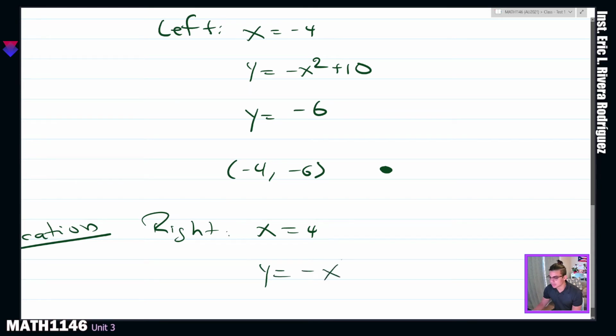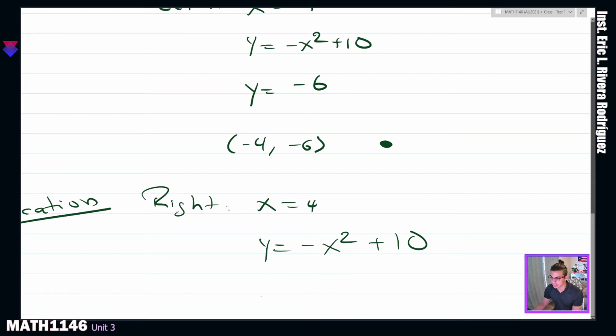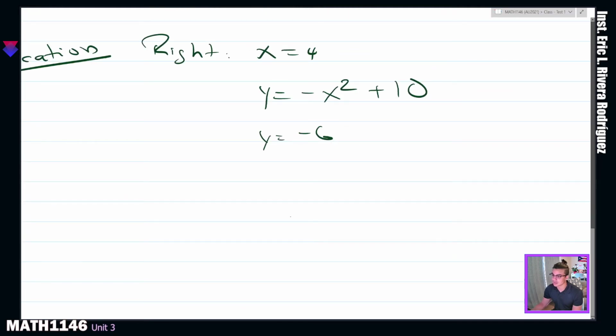So here, again, we are going to use that equation to get the y value, and when you plug in 4 for x, you get -6 again. So the location here is (4, -6).